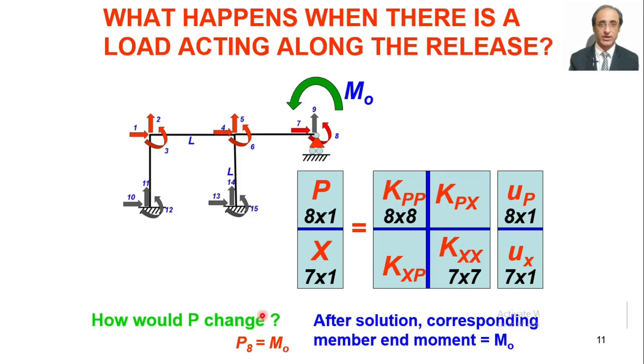It must be noted that from equilibrium, an external force or moment acting at a joint is equal to the sum of the member end forces or moments of all the members meeting at that joint. Here there is only one member, so by this logic the member end moment at the end of this member will be M naught and in the same direction.